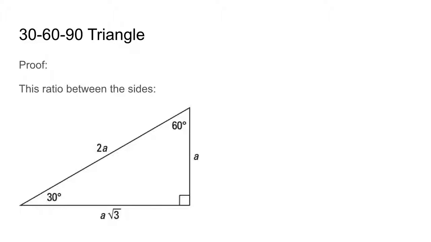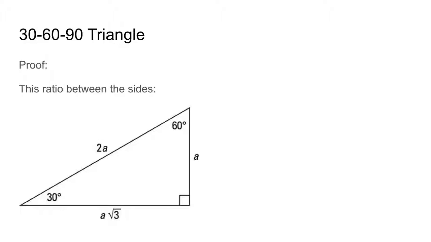The first triangle we will be discussing is the 30, 60, 90 degree triangle. The reason it's called this is because its angles are 30 degrees, 60 degrees, and 90 degrees. What we want to prove is that the side lengths opposite the angles 30 degrees, 60 degrees, and 90 degrees have very specific ratios to each other.